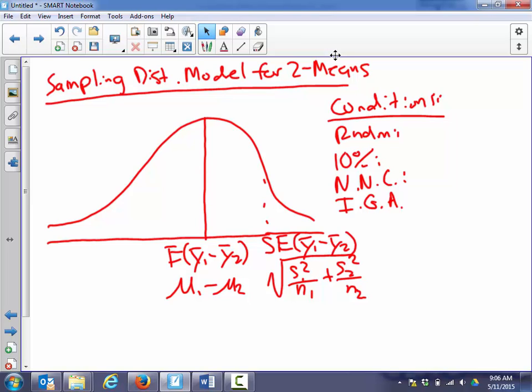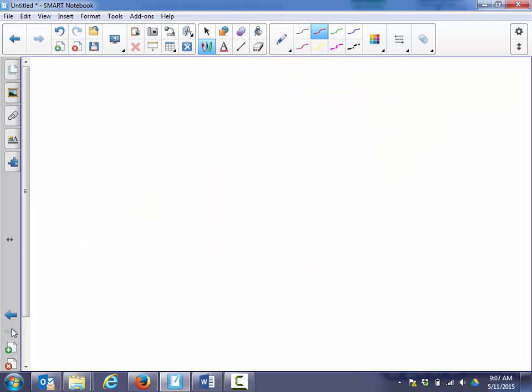That one we have seen before when we talked about two proportions. The independent groups assumption is basically checking again to see whether or not you think the first group of sample data is affecting the second group of sample data here. Okay, so 4 conditions to check for a sampling distribution model for two means. Okay, 2 curves to look at. We will have looked at 12 in all.